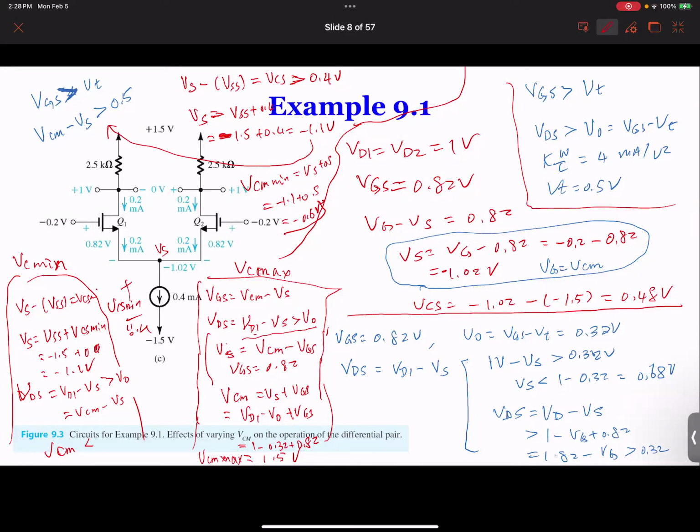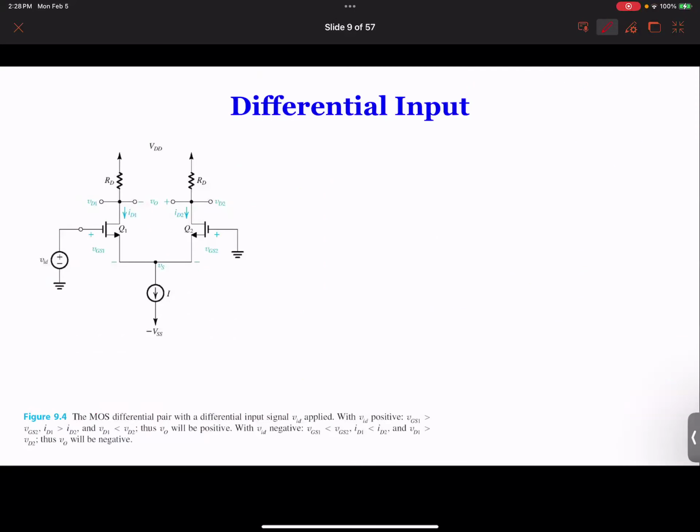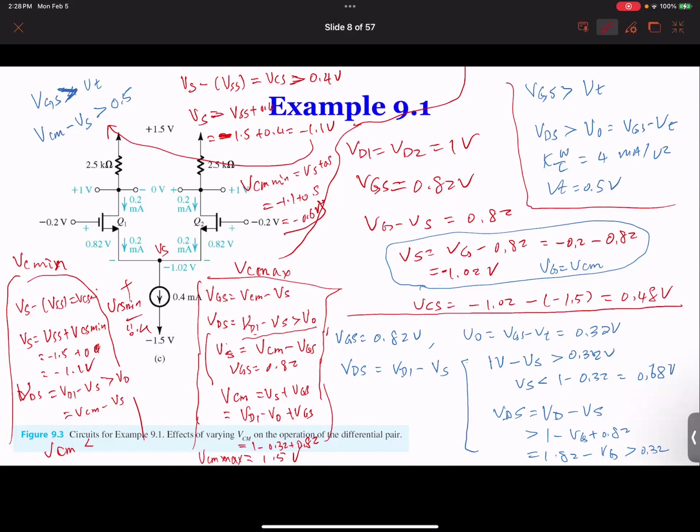So VD1 is 1 volt. Somewhere there was a mistake. Let me make sure that I can recover this error. So VGS is given at 0.82.